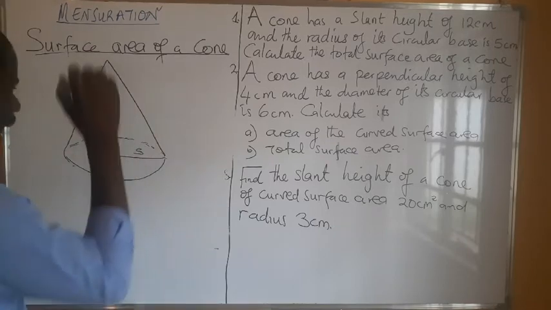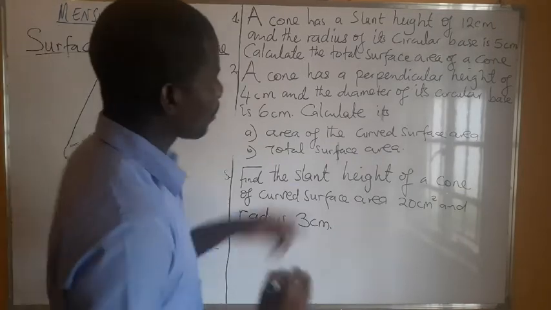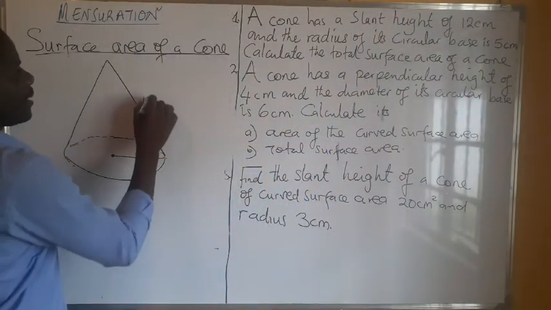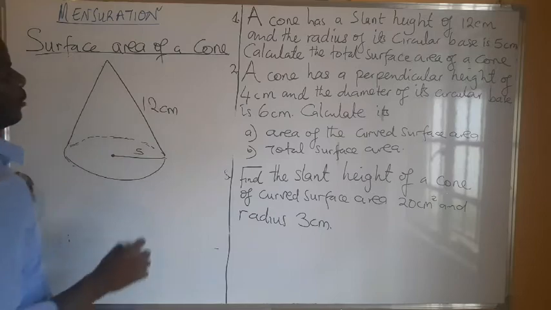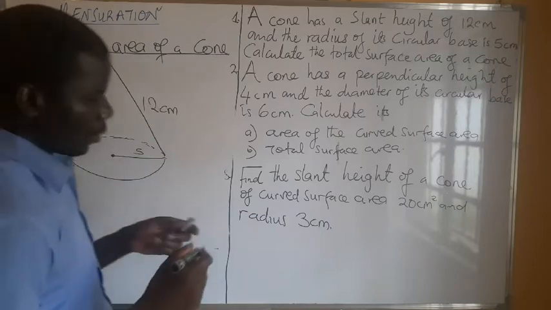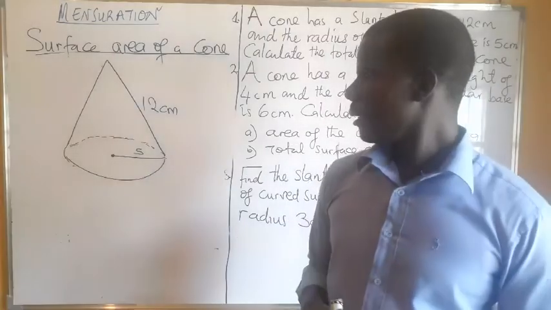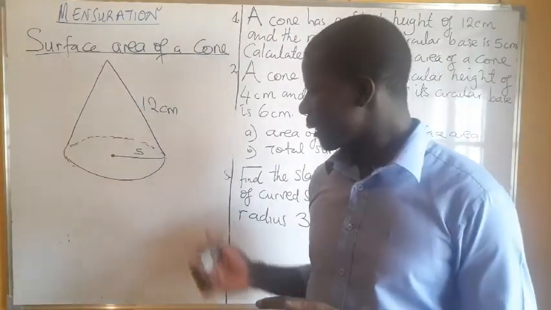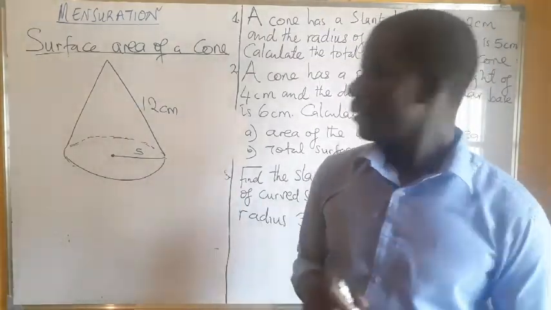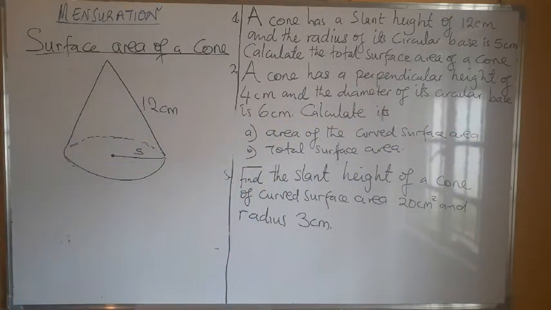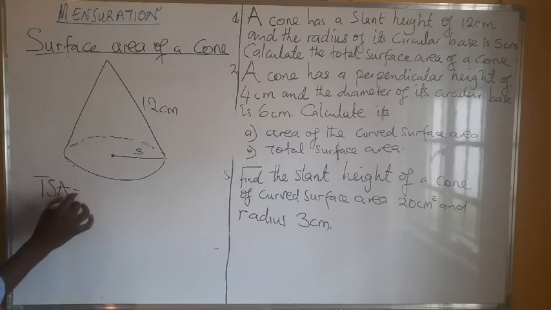Then the slant height. Take note, what we want is the slant height, and the question has given us the slant height. So in this case, we have been given everything that is required for us to work out the total surface area of a cone.